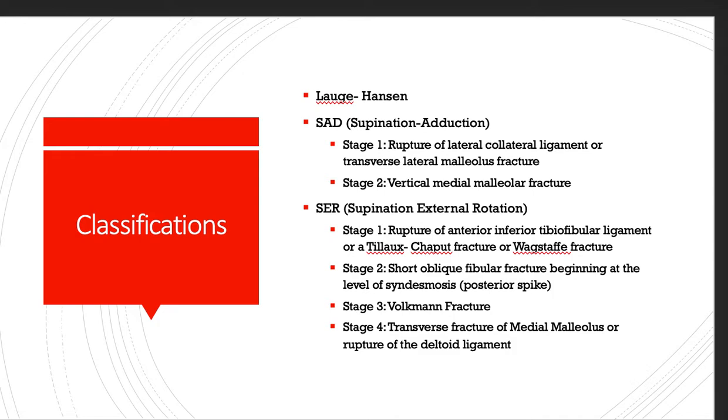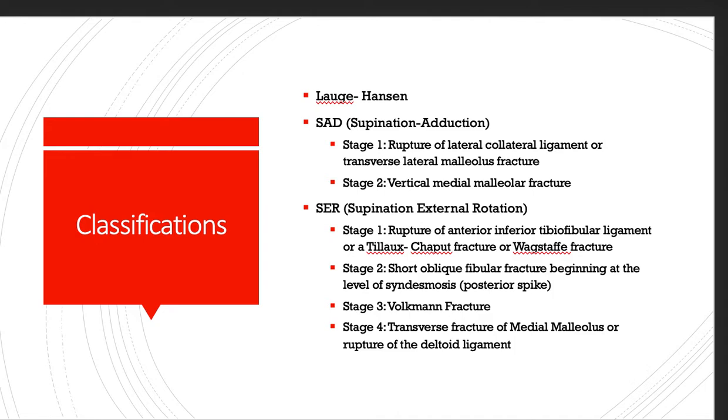Stage 1 is rupture of the anterior inferior tibiofibular ligament, or a Tillaux-Chaput fracture, or a Wagstaffe fracture. Just for clarification, a Tillaux-Chaput fracture is an avulsion fracture of the anterior lateral tibia from the AITFL, and a Wagstaffe is an avulsion fracture of the anterior medial fibula from the AITFL.